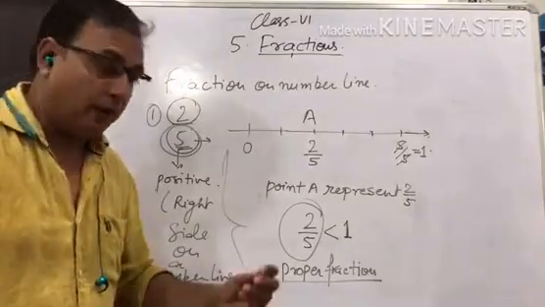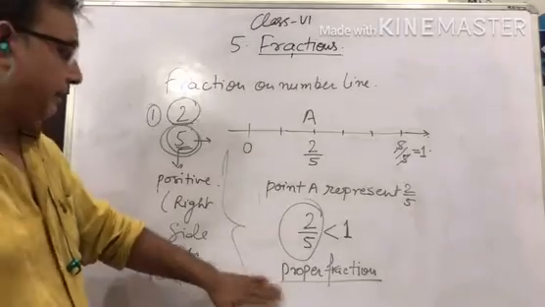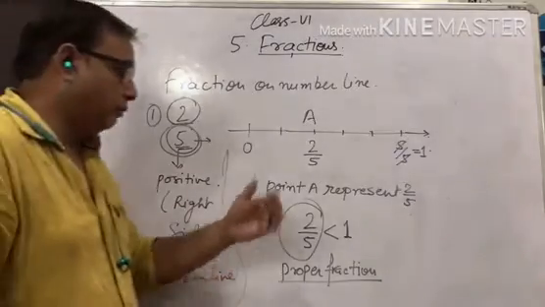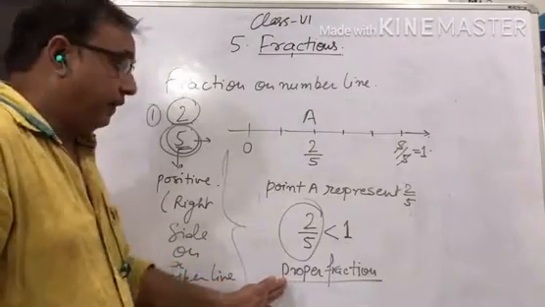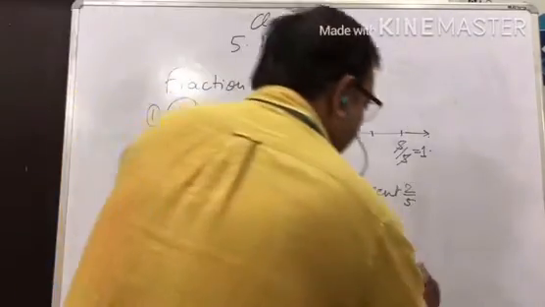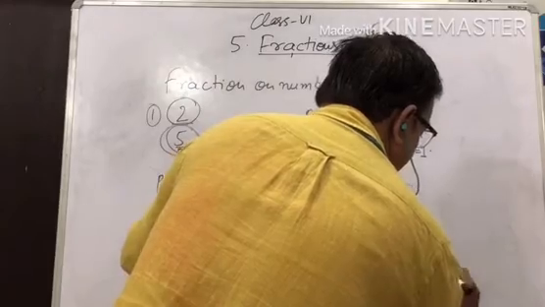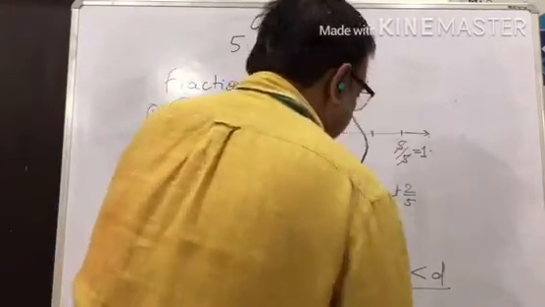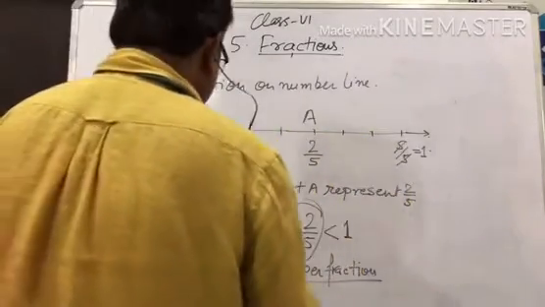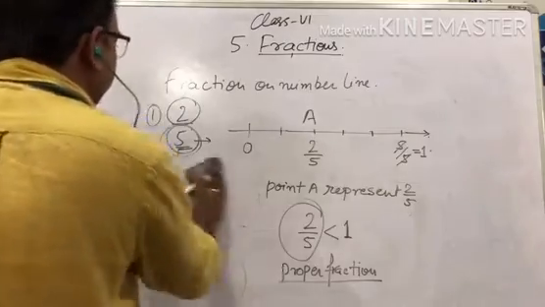First I tell you one more important thing, then we move to another example. 2 upon 5 is a proper fraction when the numerator is less than the denominator. Okay, wait, I don't want to write it in short, I want to write it in full, then I think it will be more clear to you.